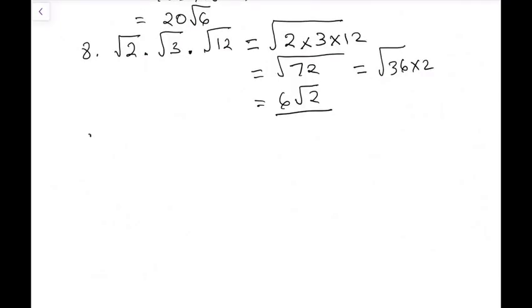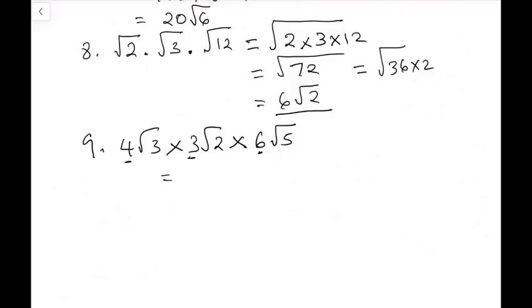And question number 9, we have 4 root 3 multiplied by 3 root 2 multiplied by 6 root 5. How do we solve this? We want to call to mind how we solved question number 7. We can bring out all the numbers outside, 4, 3, and 6, and we multiply them: 4 times 3 times 6.